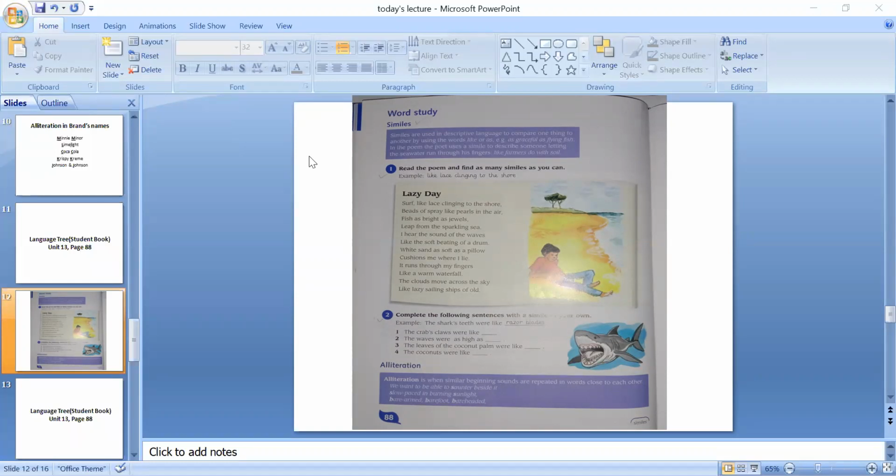Okay, third one. The leaves of the coconut palm were like? I'm going to ask Ibra. The leaves of the coconut palm were like?